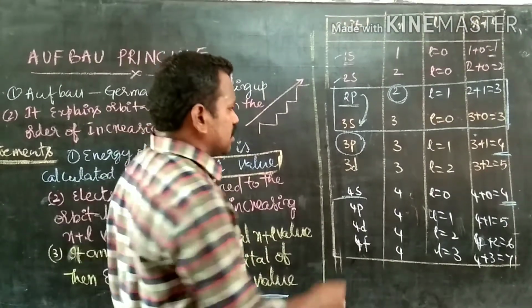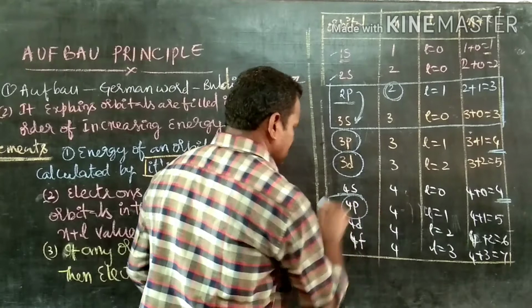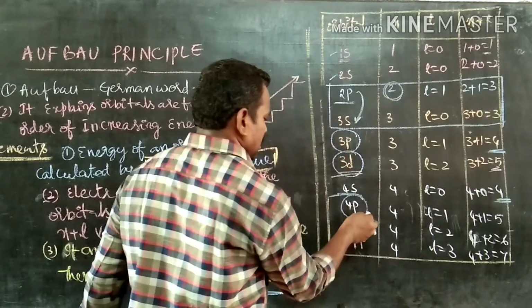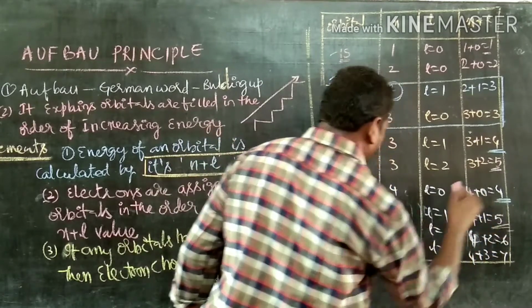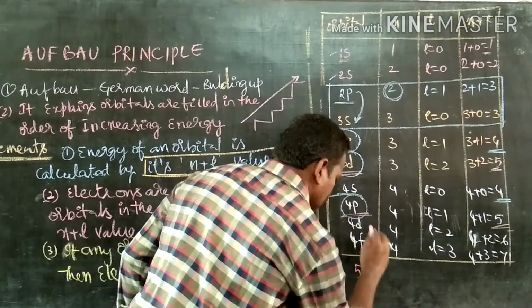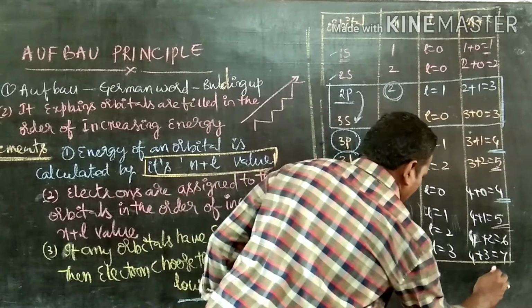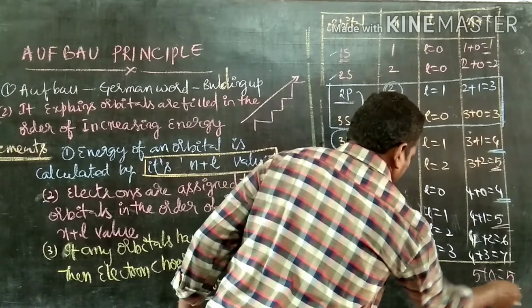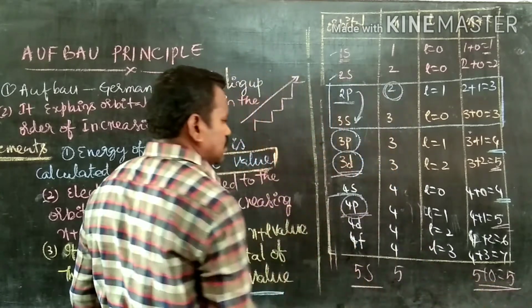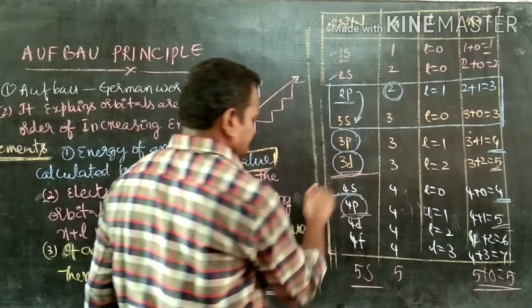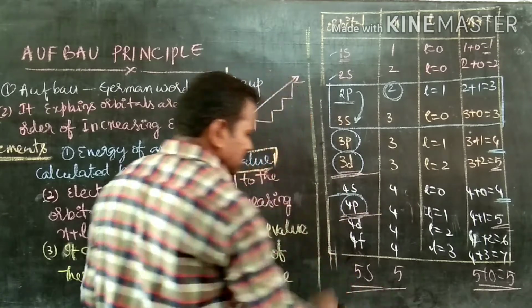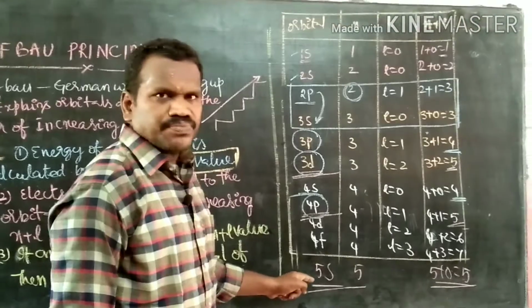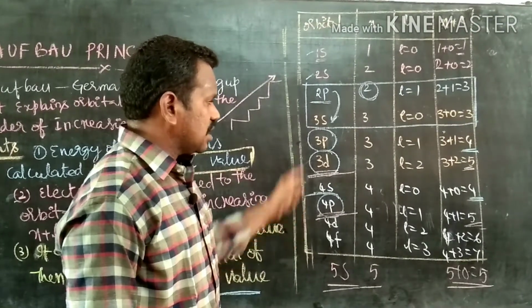Then again, observe 3d and 4p: the energy of 3d is 5 quanta and the energy of 4p is also 5 quanta. For 5s, the value is 5 plus 0, equal to 5, so the energy of 5s is also 5. In these three, 3d, 4p and 5s, the energy of the orbitals is all the same.